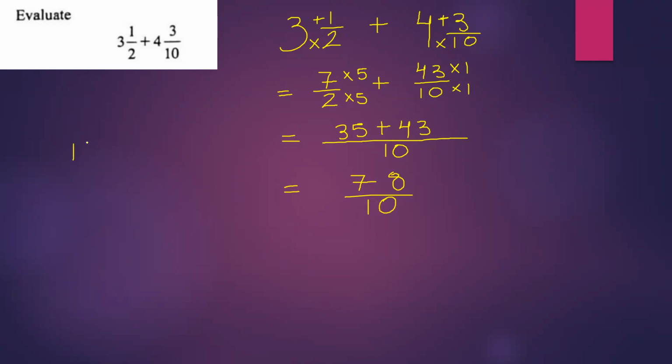No, we need lowest terms, so we turn it back into a mixed fraction. How many times does 10 go into 78? 7 times. 10 times 7 is 70. 78 minus 70 is 8. So we are left with 8.